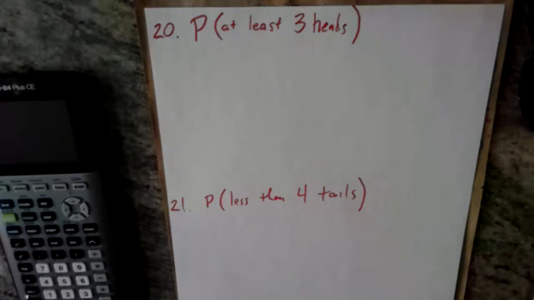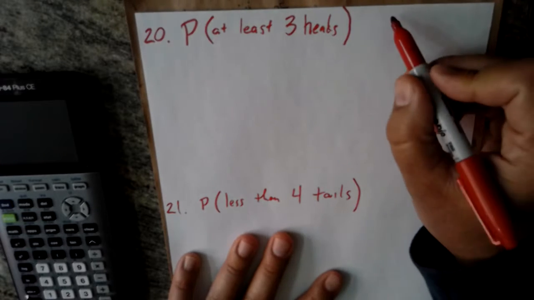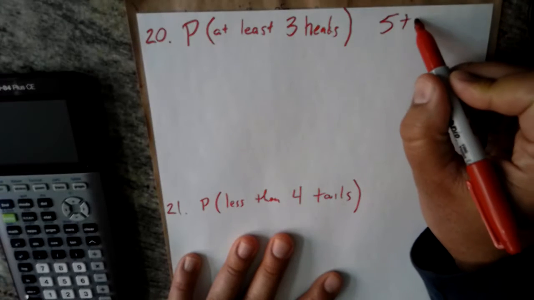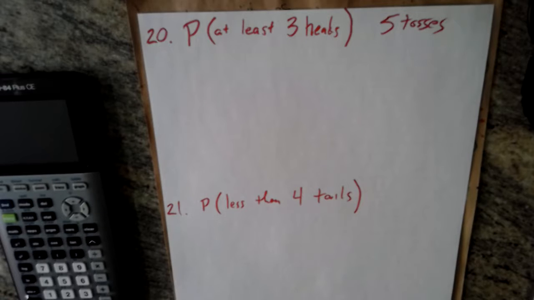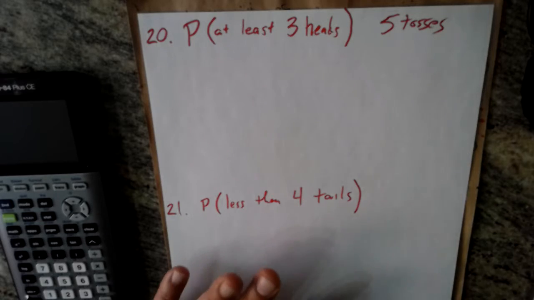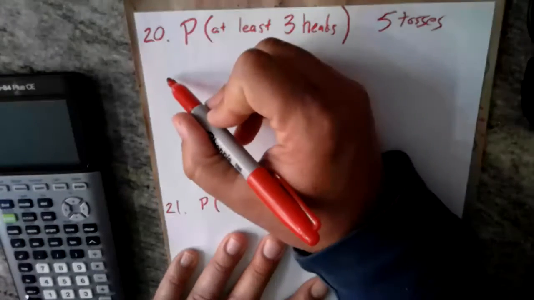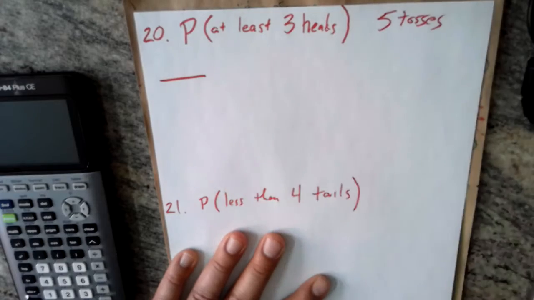So, the probability of at least 3 heads if there are 5 tosses, in case you don't have the worksheet. So, how do you win this? Or what is the likelihood that you will get 3 or more heads? Well, let's see. Again, this is like 2 questions.